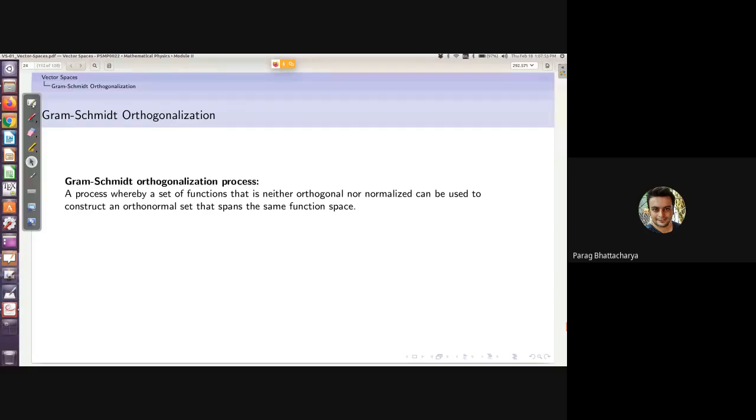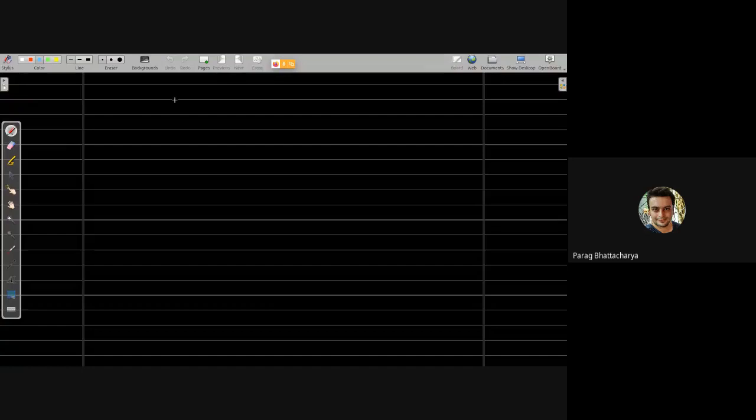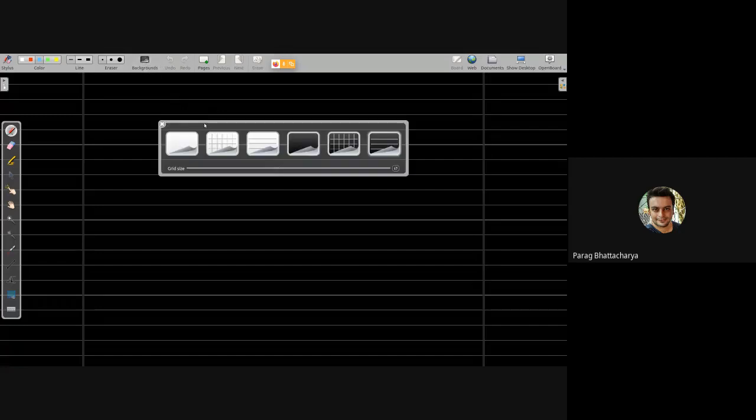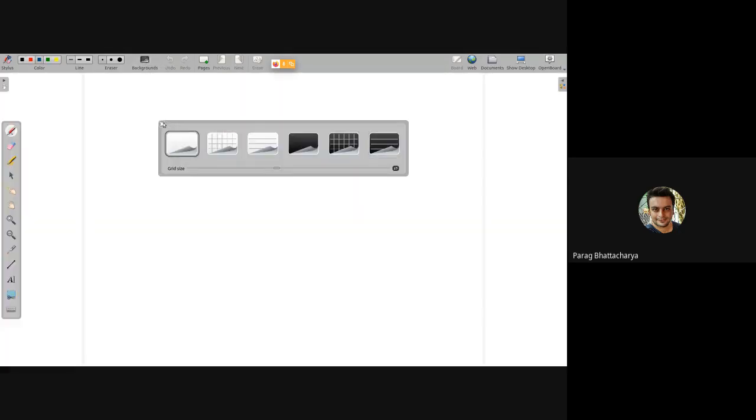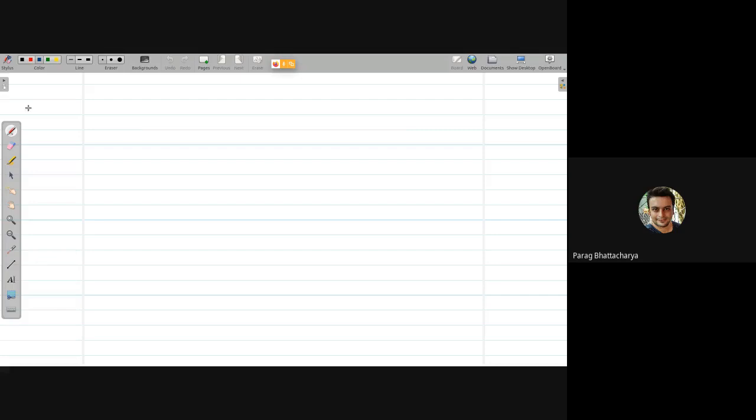So let me try to demonstrate this using a scenario you're already familiar with: ordinary vectors. Remember the terminology we use: the word orthogonal.